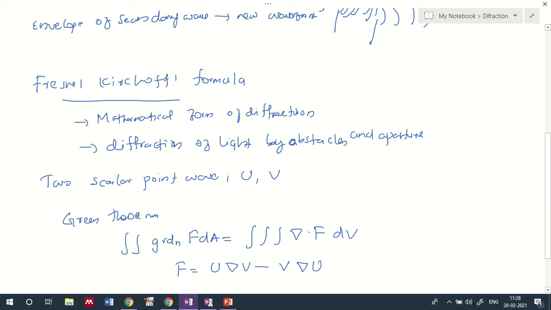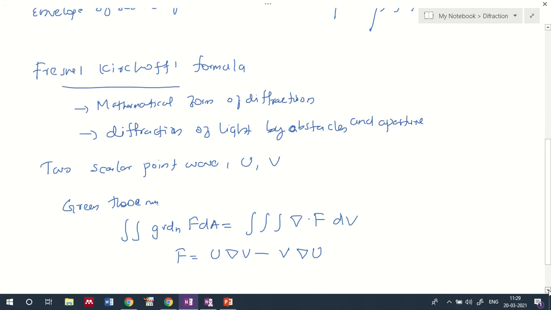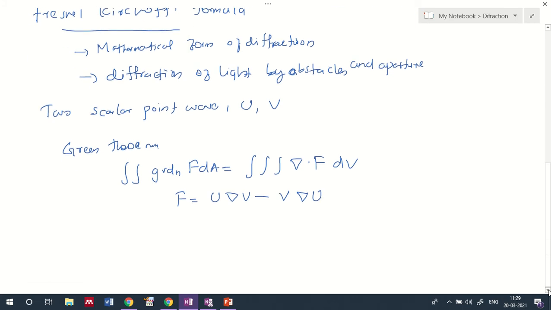Also we have a vector identity, that is del dot (u del v) is equal to u del squared v plus del u dot del v.